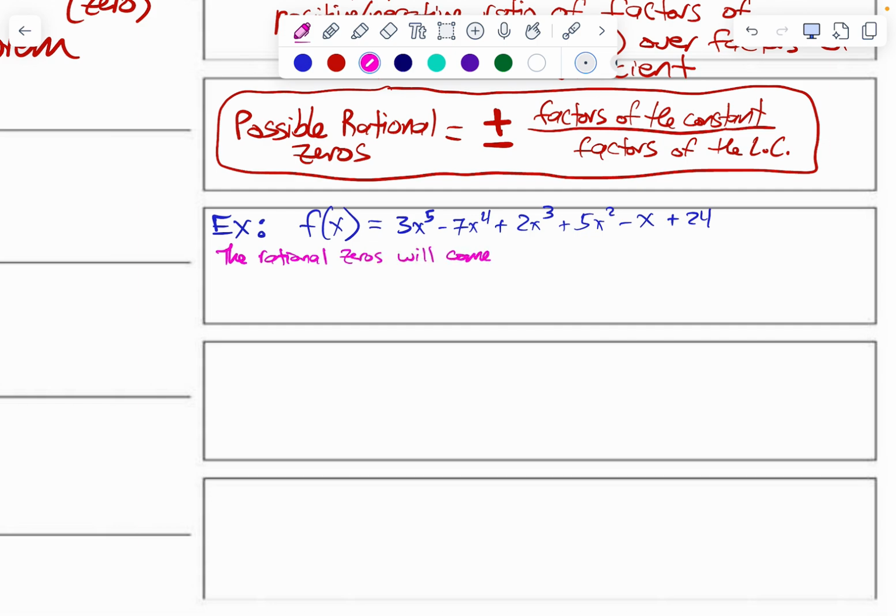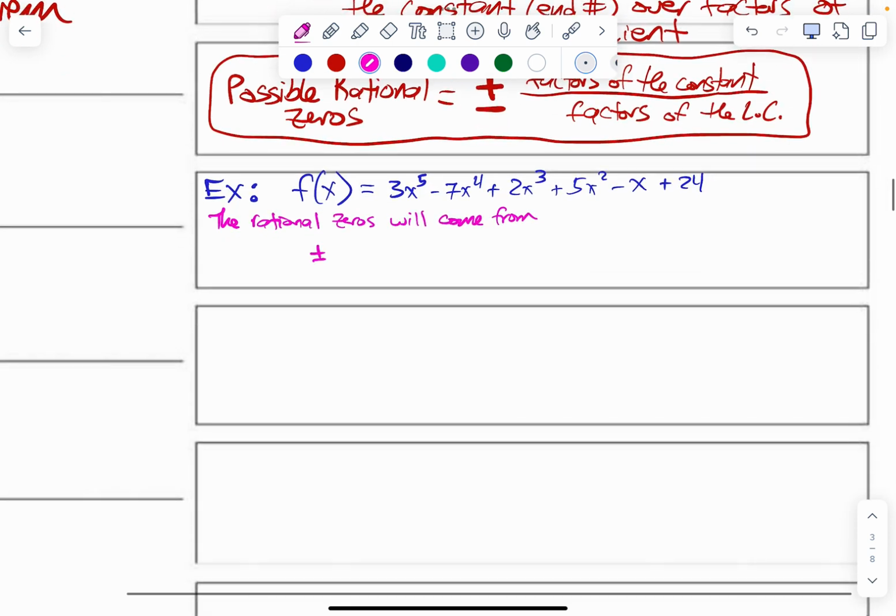So the rational zeros will come from this list. Ready? Positive or negative. Okay, what are factors of 24? Let's just go in order, from bottom to top.